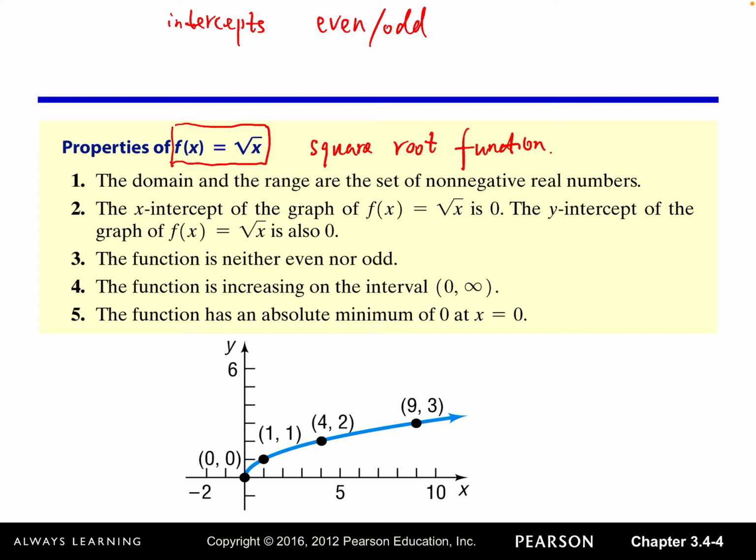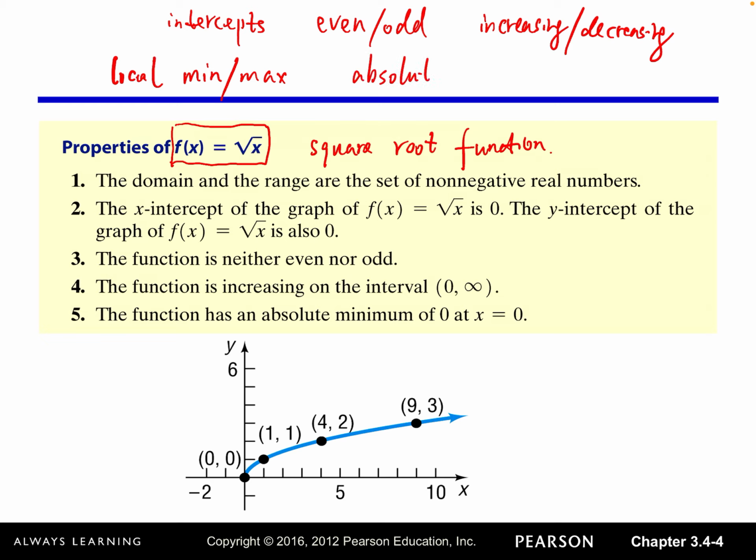And then what else we learned? We learned whether a function is increasing or decreasing, that's one of the properties of the function. And then the local minimum or local maximum, and then absolute minimum or absolute maximum. So those are all the properties of a function.